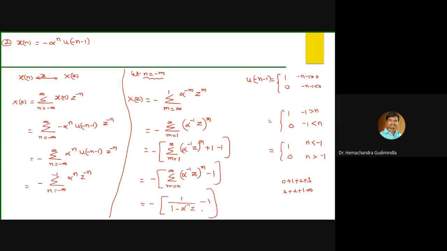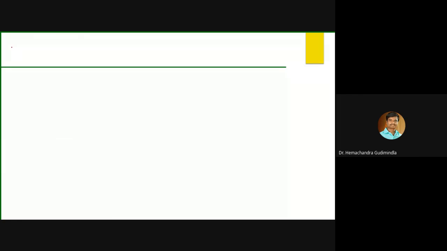Now if I simplify this, what is your x of z will become? X of z is equal to minus of 1 by 1 minus alpha inverse into z minus 1, right? Now minus of 1, you take LCM, 1 minus alpha inverse into z, you take LCM.